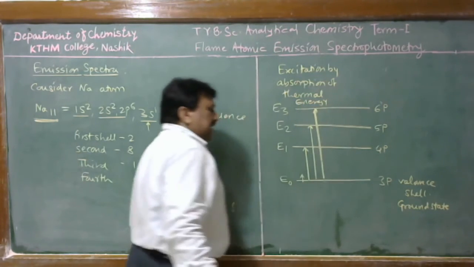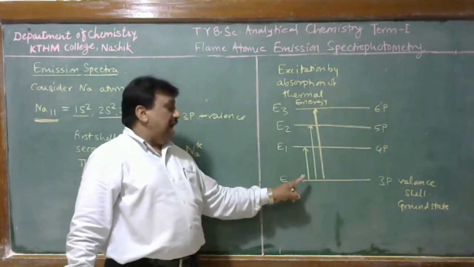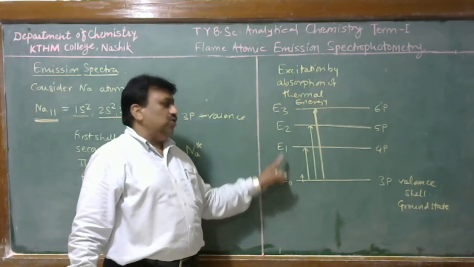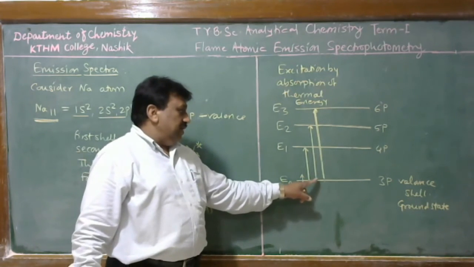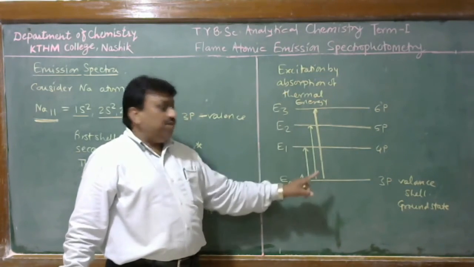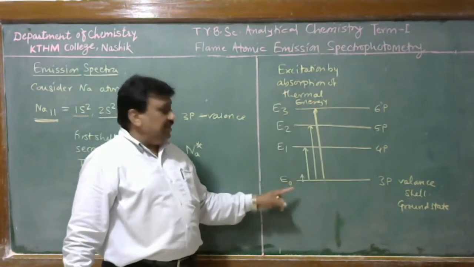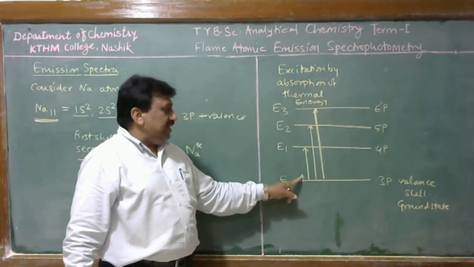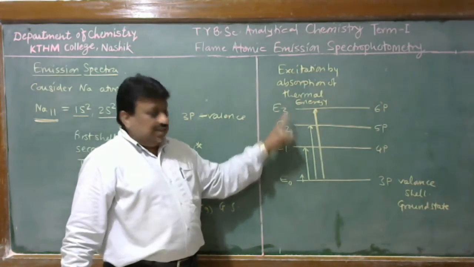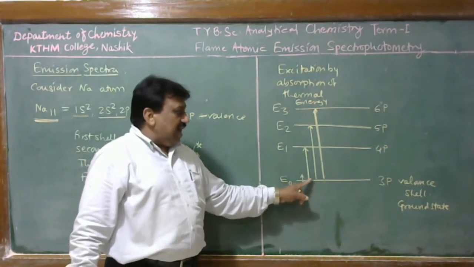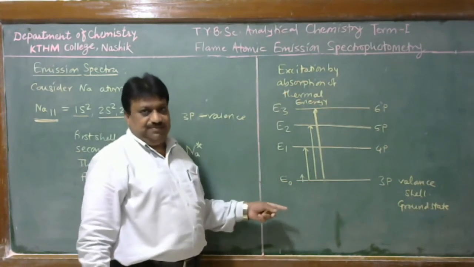When this single electron of a single sodium is promoted either from E0 to E1 or from E0 to E2 or from E0 to E3, that means here the single electron may be given to this level or this level or this level. That means these are the transitions shown by three different sodium atoms.